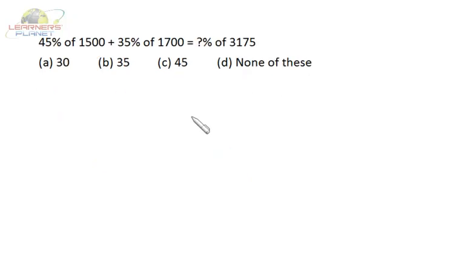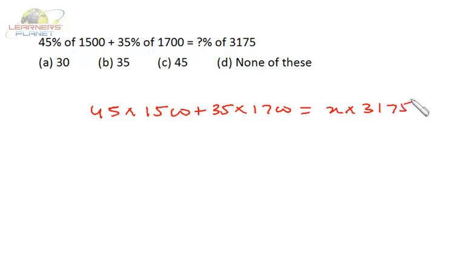Now let's see this problem. Friends, in this problem there is a percentage sign on the left hand side as well as the right hand side, so we can eliminate it. So precisely our calculation is 45 into 1500 plus 35 into 1700 is equal to x into 3175.